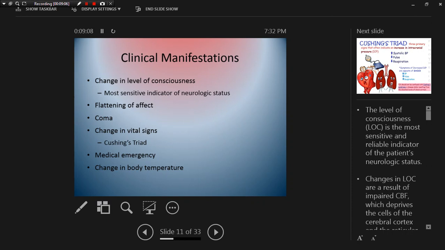Changes in our vital signs, we said Cushing's triad. As ICP is rising and our blood pressure rises to compensate to maintain cerebral perfusion pressure, we're going to see Cushing's triad. We're going to see a rising systolic, widened pulse pressure, a drop in our pulse, bradycardia, and bradypnea, so a decrease in respiratory rate from the pressure on the brainstem.